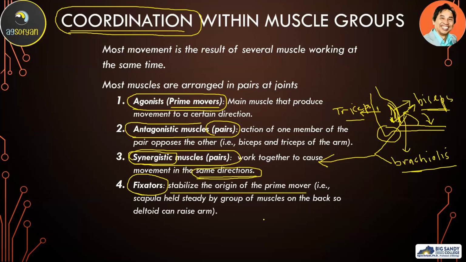For example, if we rotate our shoulder, or perform circumduction on our elbow, there will be muscles like the latissimus dorsi in our back that will keep our bones, our humerus and the joints there, in place. And this group of muscles is called the fixators.